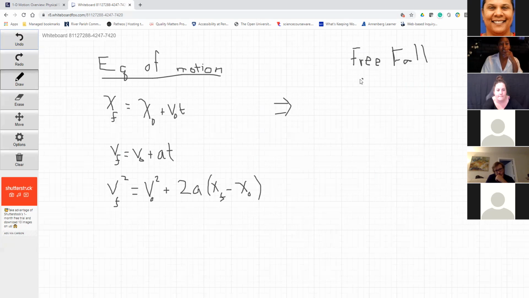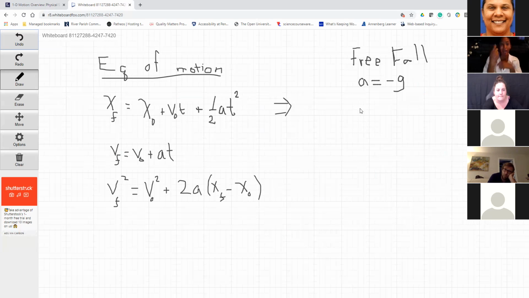For free fall, I'm going to write it like this so that when you actually put together the equations, they come out. I forgot here, one half A T squared. I'm looking at that going, something's missing there. All right.